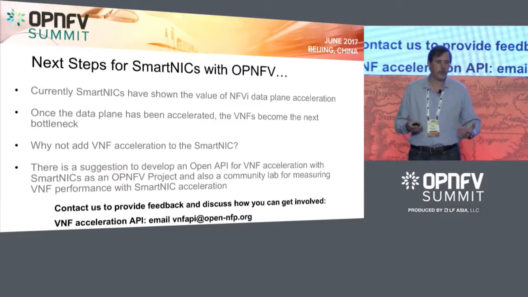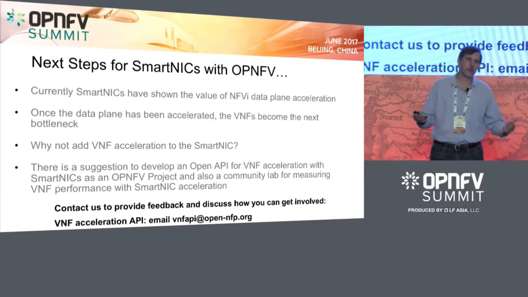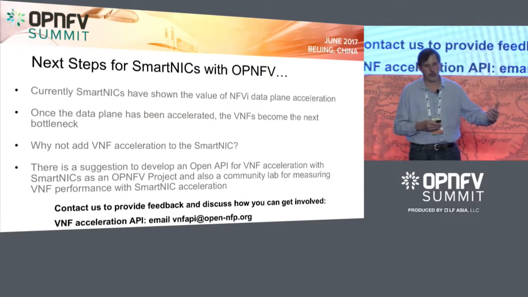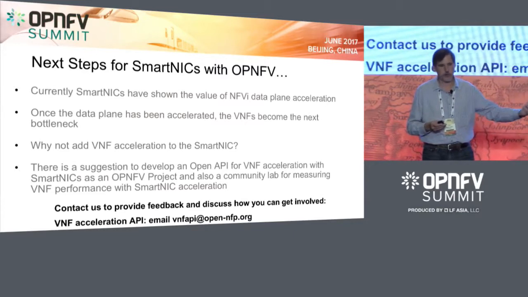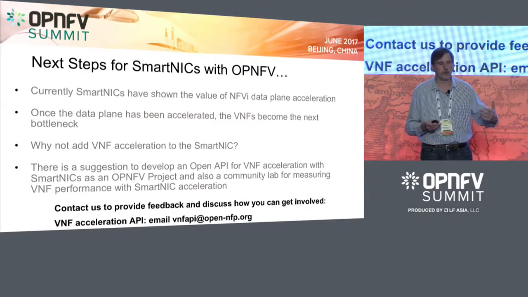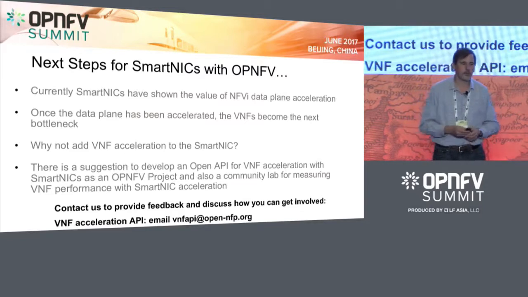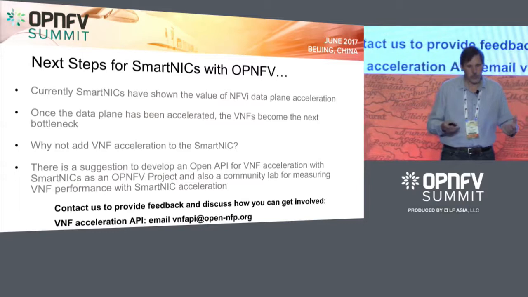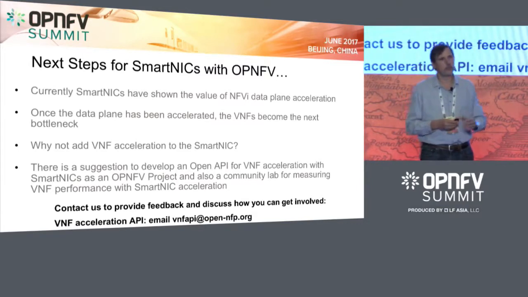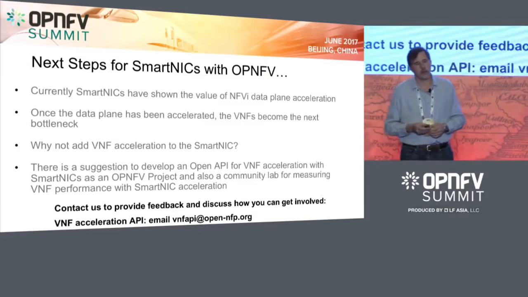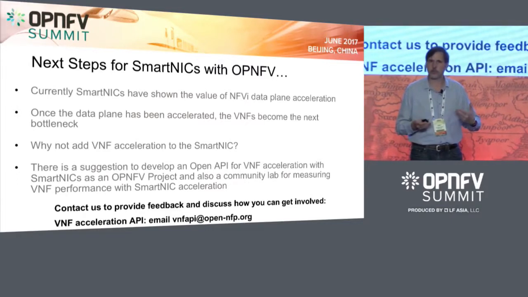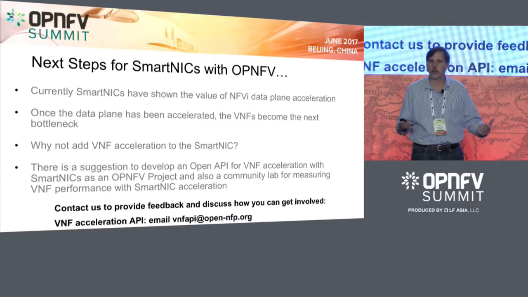With an open API that the community agrees on, we can have collaboration and interoperability. Different SmartNIC vendors could go to the same API, so you have hardware independence and potential for a lot of collaboration. So we've been discussing possibly starting up a project within OPNFV to look at defining this API in a collaborative and open way.